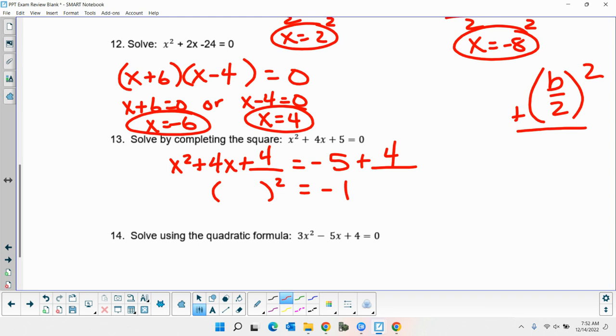And the terms that go in the parentheses are the square root of the first term, which will always be x, and the square root of the blank, which is square root of 4, is 2. And then whatever's in front of your b value, its addition, goes between the two terms. If that was minus 4x, then we put x minus 2. And then from here, we just take the square root of both sides to finish it up.